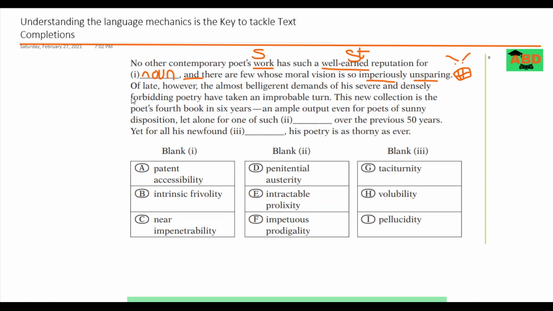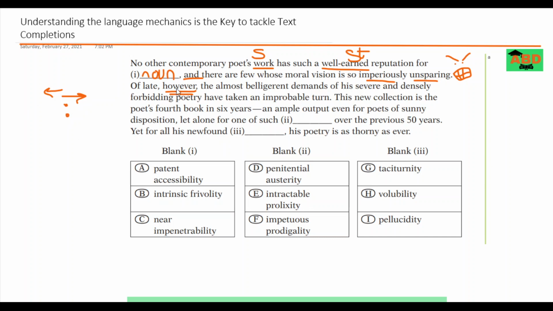Let's keep on reading. Of late, however. The second I see this word, however, I already know that there is a twist going on. Let's say there are two times, before and after.